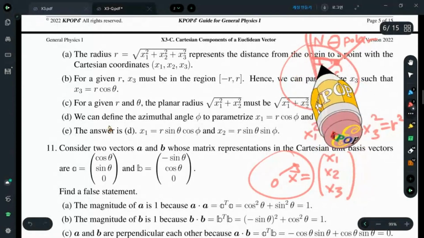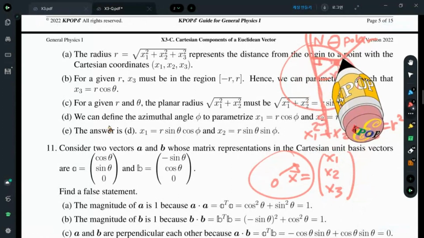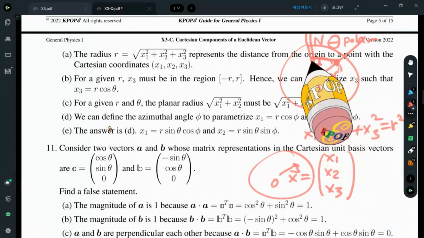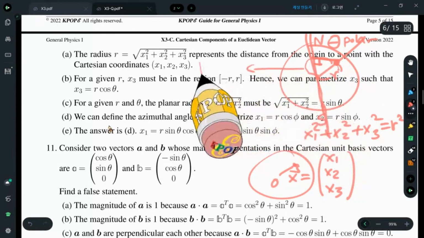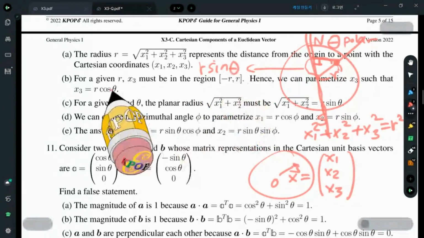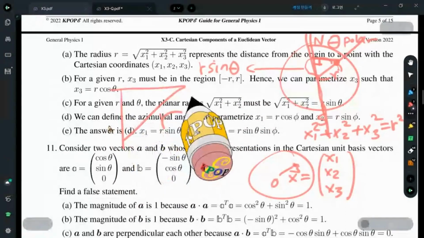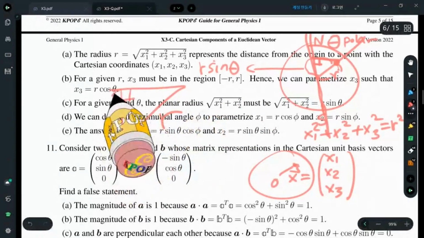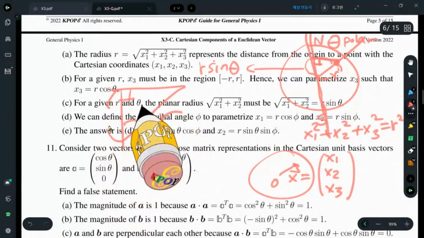This is a right angle. This is r, and this angle is theta. What is that? This length is r sine theta. Okay, so we have r, just the cross-sectional view. This is the theta.